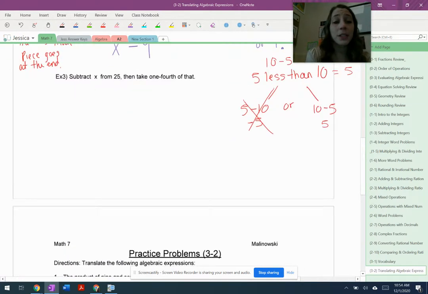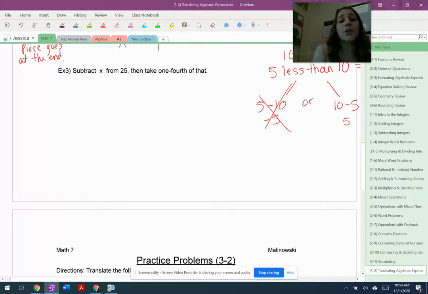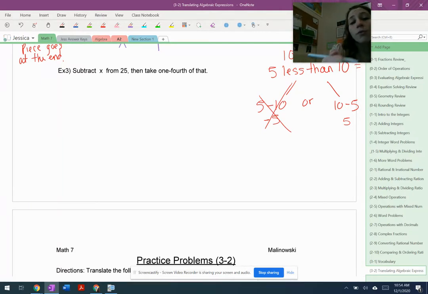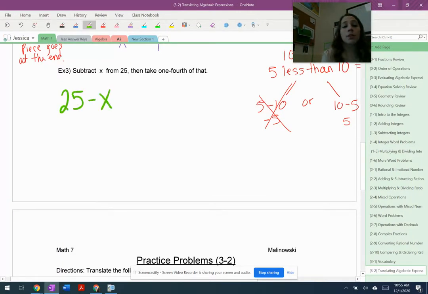Okay, finally, last example. Example number 3. Subtract x from 25, then take 1/4 of that. Okay, so subtract x from 25, which means I want to take x away from 25, meaning that that 25 needs to come first. Subtract x from 25, then take 1/4 of that.